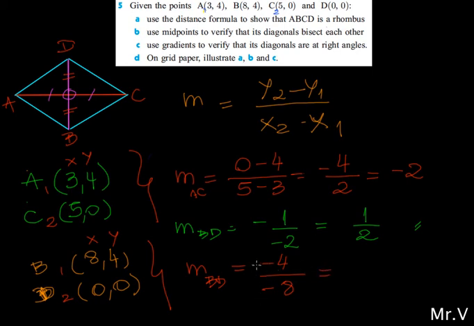Rule of the signs, it becomes positive, and I do all the steps positive, and I can simplify this, and this is 1 over 2. And now I can say yes, the diagonals are at right angle.